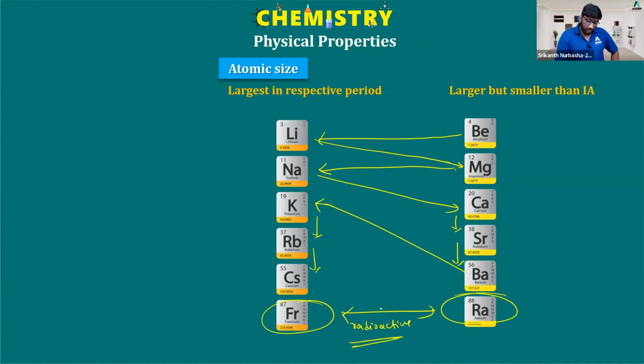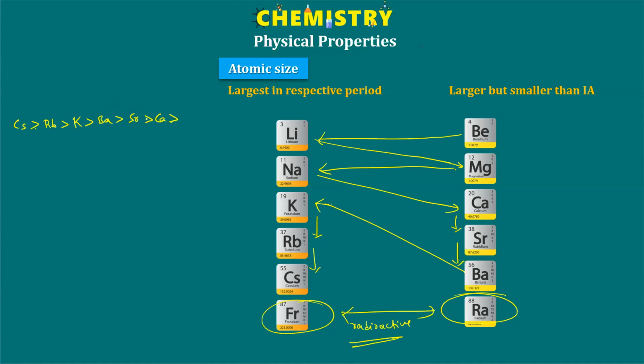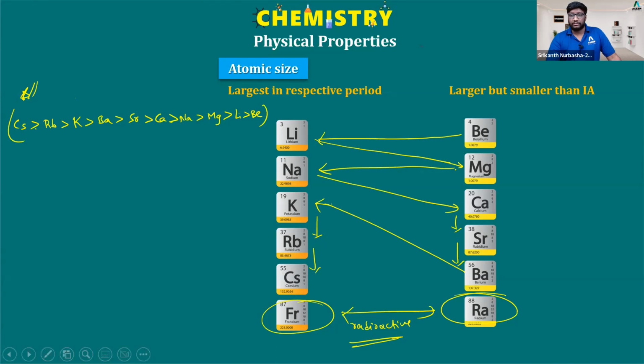So what is the size order now? Cesium is going to be the highest, then rubidium, potassium, barium, strontium, calcium, sodium, magnesium, lithium, and the least is beryllium. Is that clear or not? Beryllium is the smallest and cesium is the largest.